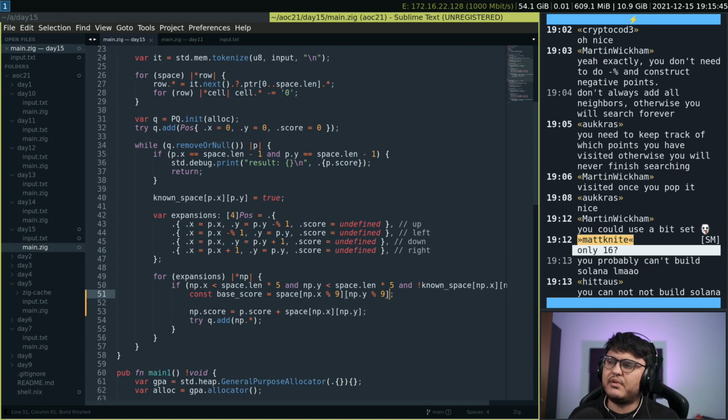Wait, what am I doing modulo 9? Okay, wait a second. Why did my brain go to modulo 9? No, modulo 9 is what the scores are doing.